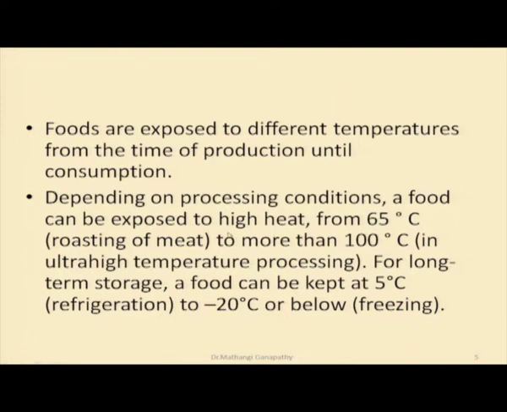So, this exposure to low heat, medium heat, high heat, to very high degrees, can kill or inhibit a lot of microbes which are naturally present in the food. When those microbes get killed, automatically we will have long term preservation of the particular food concerned.